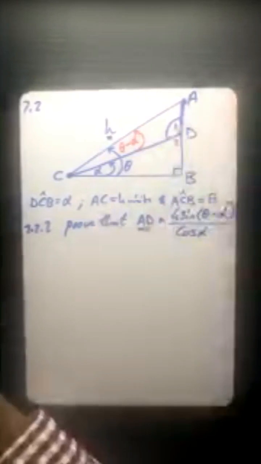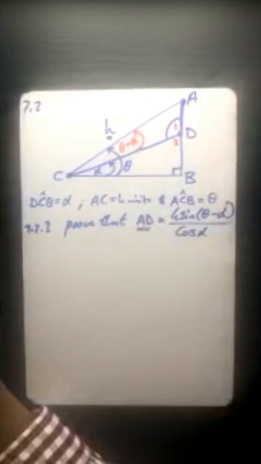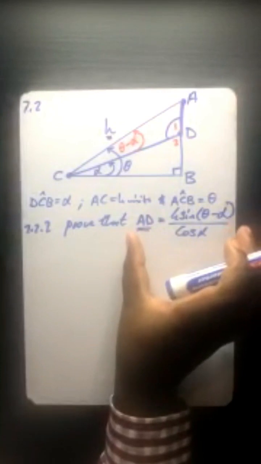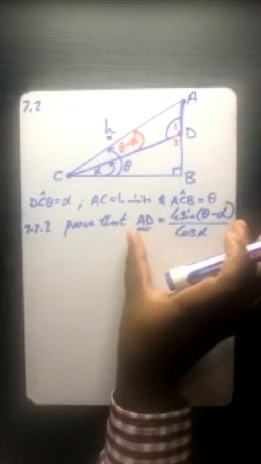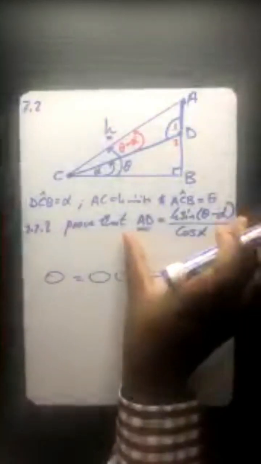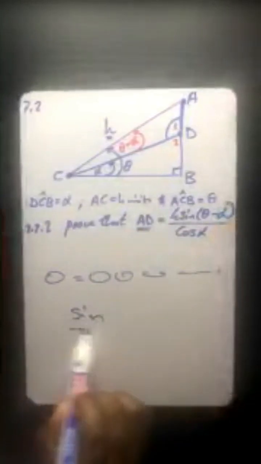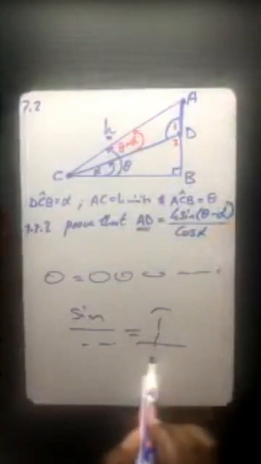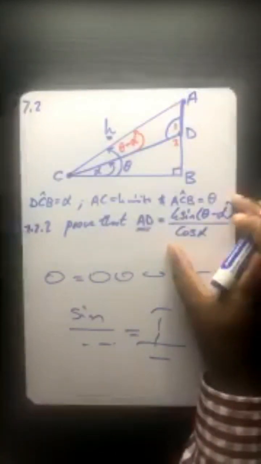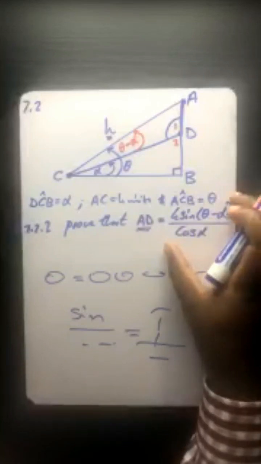How do you know that you must use a sine or cosine rule? You look at what you are proving and you realize there's no way you can end up having something looking like this using the cosine rule, because the cosine rule is just that linear type of equation, but the one having fractions is the one for the sine rule. And also looking at what you are supposed to produce, you can produce all of this using the sine rule.